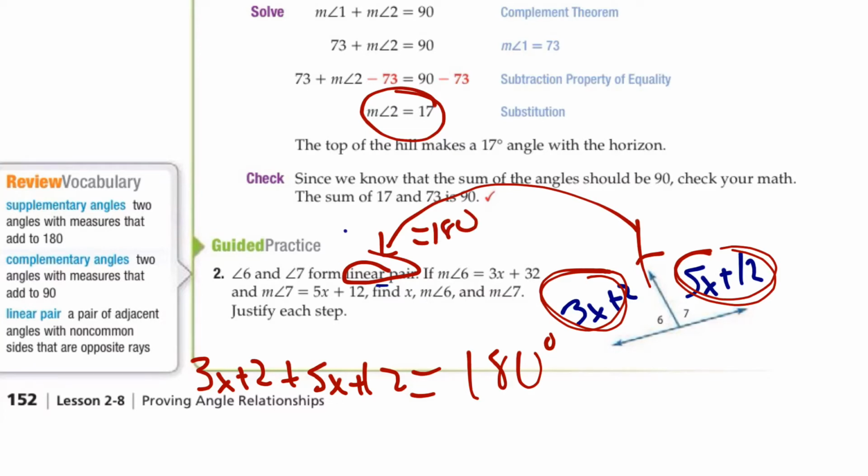So now I'm going to solve. I'm going to combine like terms. 8x. 2 plus 12 is 14 equals 180. I'm going to subtract 14.